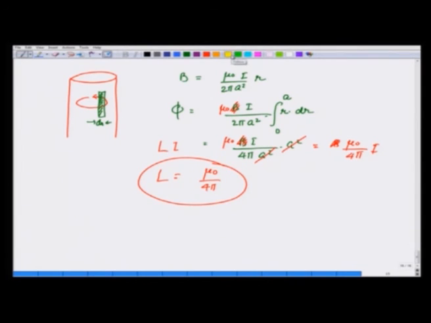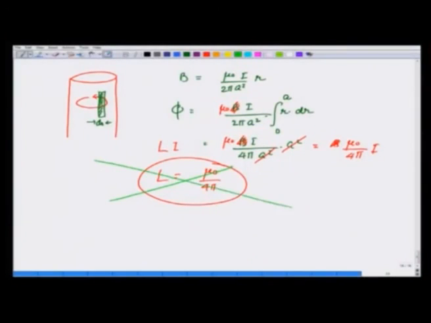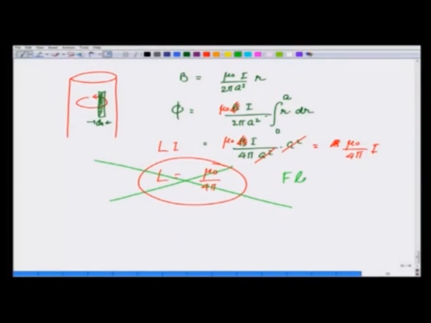So, in the cases where there is a distribution of current, you will get two different answers through the energy method or through flux by I. This actually answer is not correct, because in this case what is happening is that the current is distributed, and therefore, the flux is due to many different currents, and one has to use something called the flux linkage method, in which you take flux due to each small current, multiply that by I, sum it over, and then get the answer.